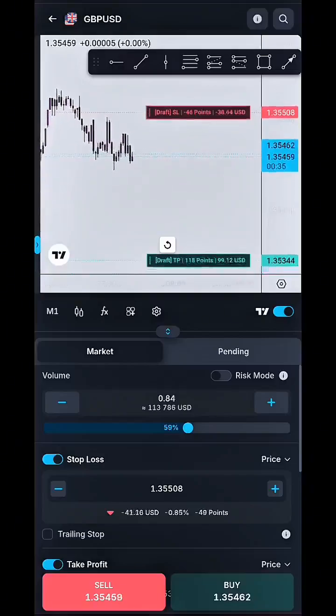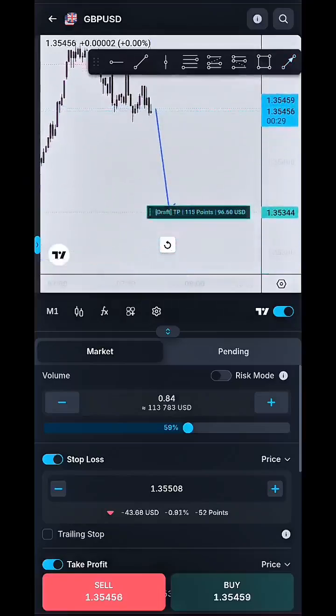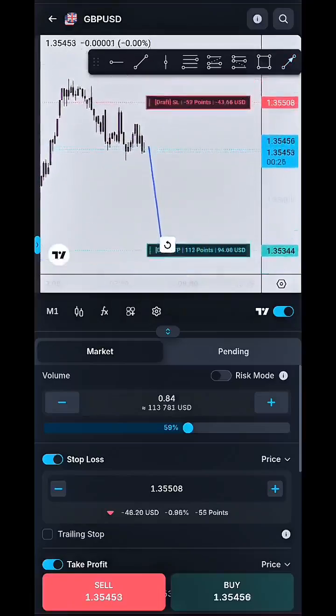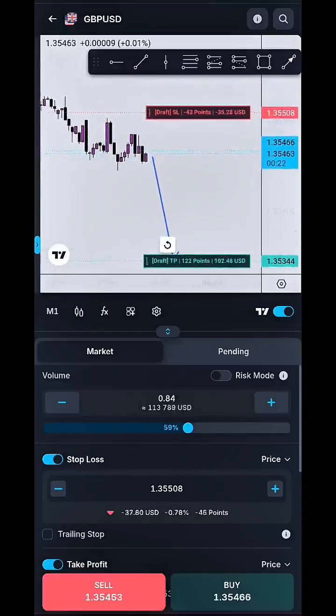Take profit should be right around there. And how large is the stop? So I'm waiting to execute the trade.